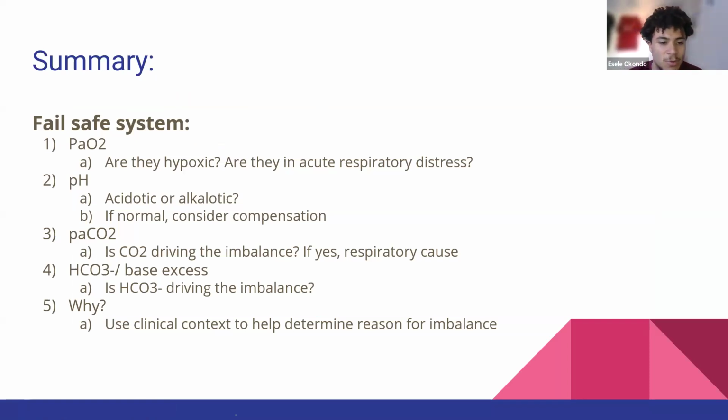And if the pH is normal, just have compensation ready in your head for the next two steps, which is PaCO2. Is that driving the imbalance? Then maybe it's a respiratory cause. Otherwise, is it bicarbonate, or is it another base or another acid that you haven't got accounted for within your scenario? And then use the clinical context to help you put the whole picture together.